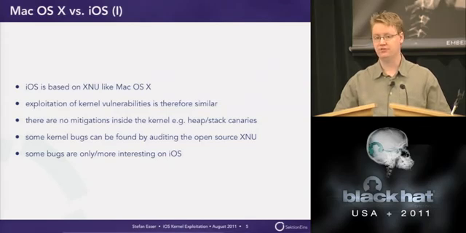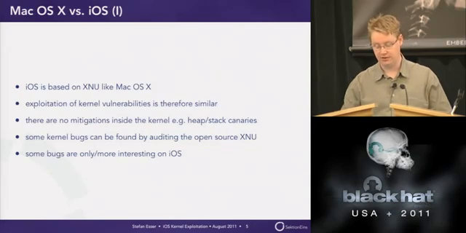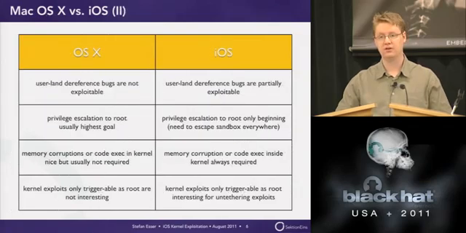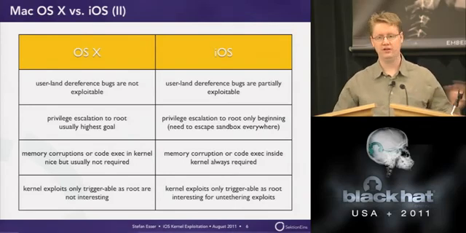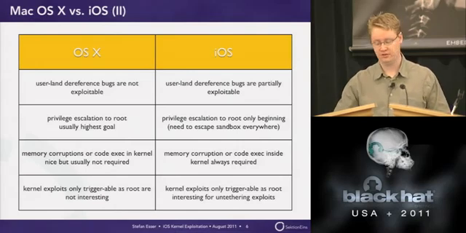The other thing that's different is the bugs you're searching for are different between macOS and iOS. When you look at macOS, you will see that userland dereference bugs are not possible because the userland and the kernel space are not sharing the same address space.